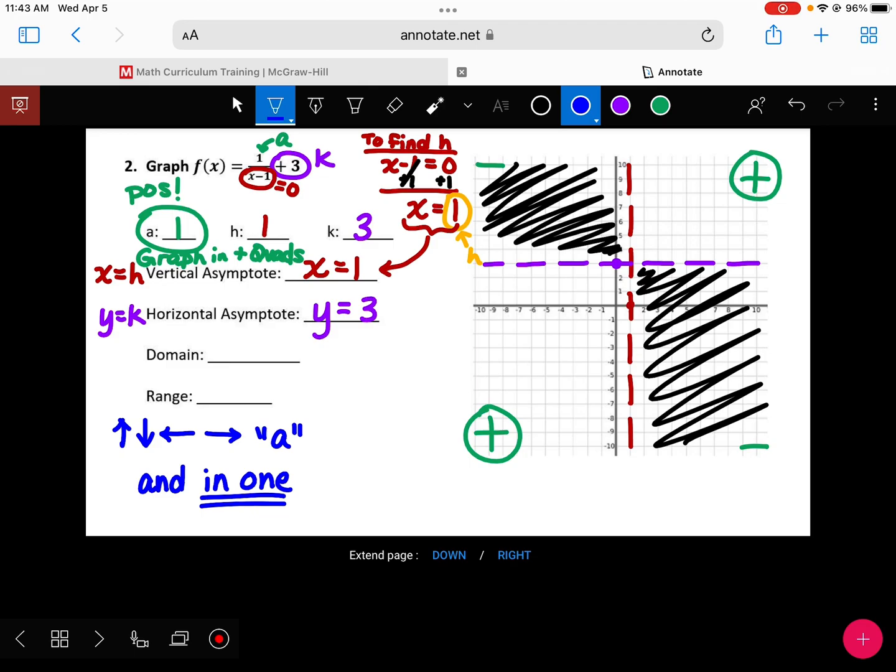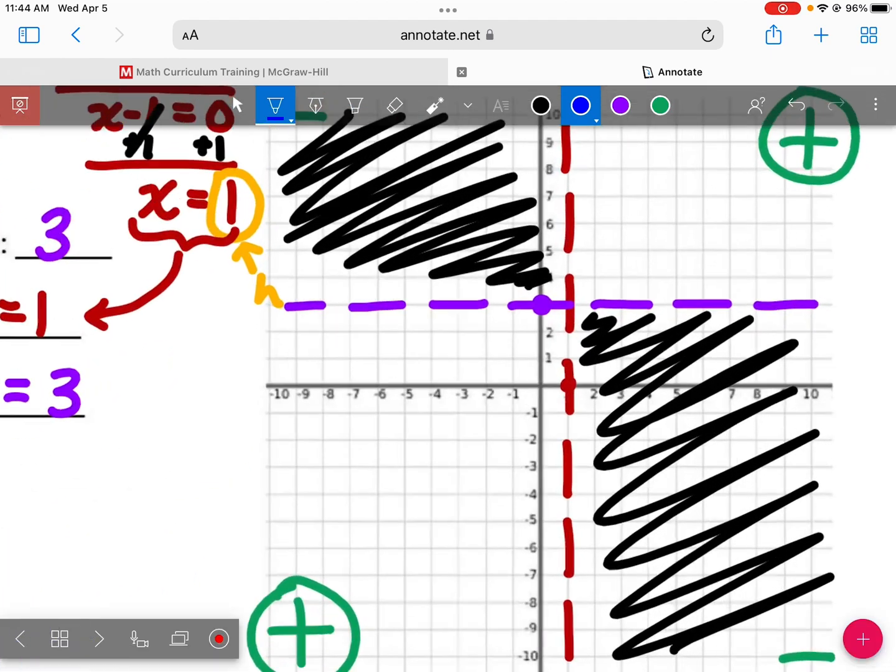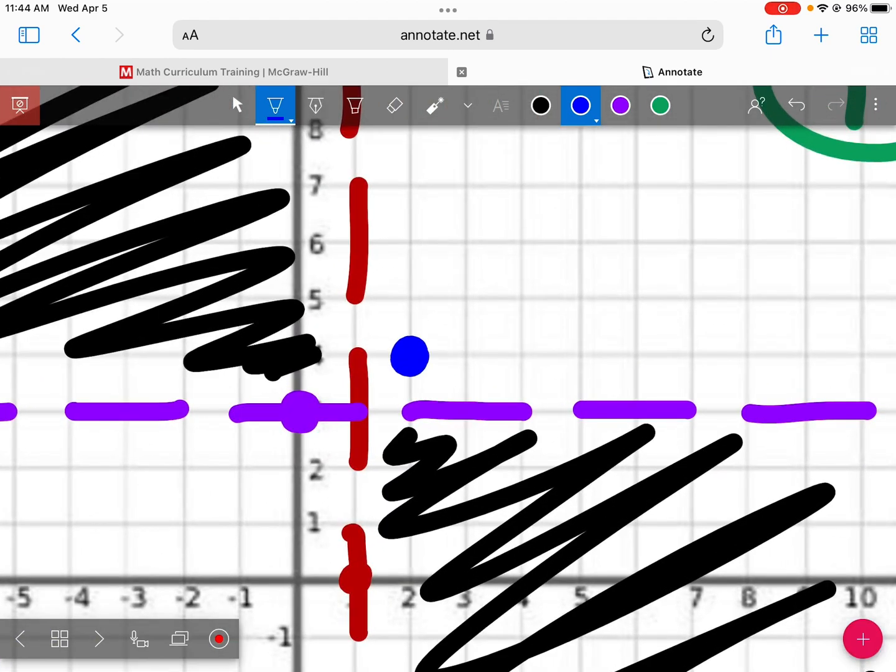What is my A value? 1. So I go up 1. I can't stay on the asymptote, so I got to jump. I jump to the right. Why do we jump to the right? Can't go into the negatives. We scribbled that out. I go back to where they cross. I went up 1, so now I want to go down 1. I can't stay on the asymptote, though. Jump left this time.